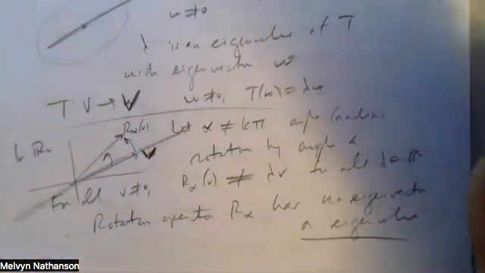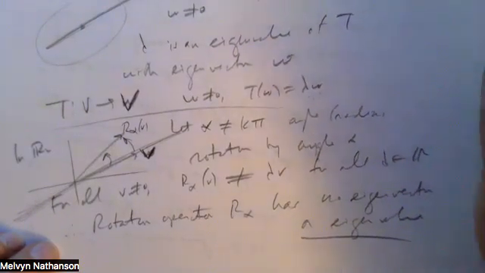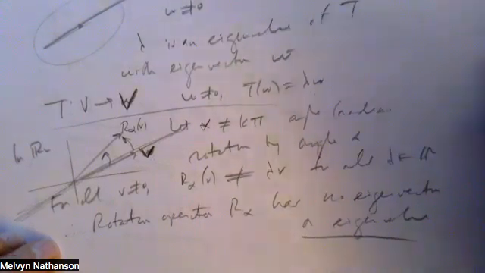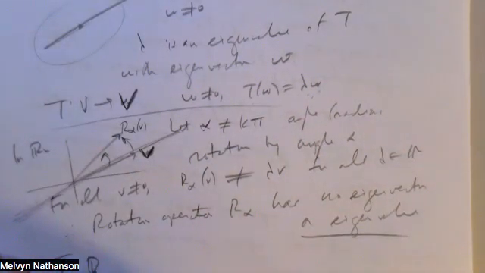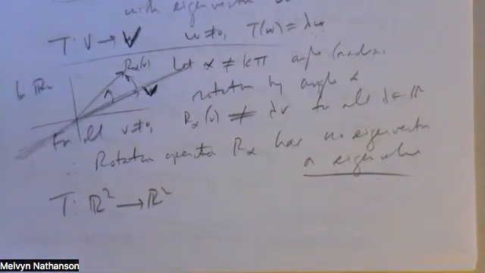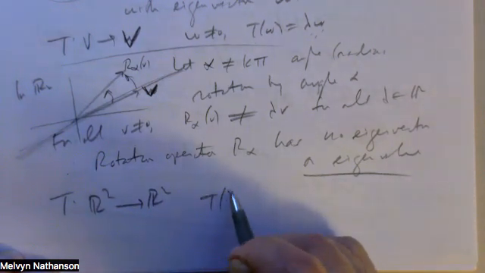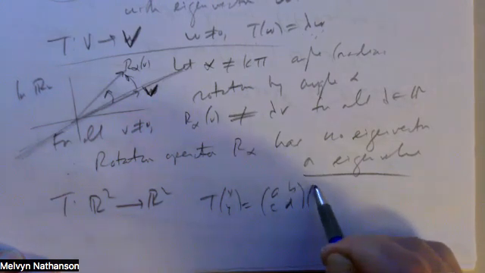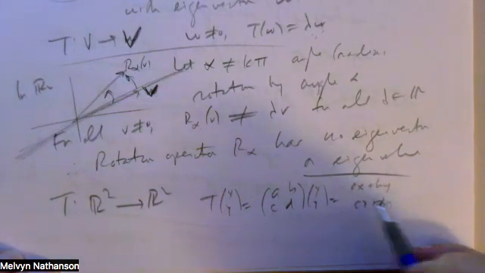And because we're near the end of the term, I'm going to state various theorems about linear operators in general, but most of the examples will deal with the simplest case, where you have a linear operator T from R2 to R2. And with respect to a basis, T of any vector (x, y) is given by a matrix with rows (a, b) and (c, d) acting on (x, y), which is (ax + by, cx + dy).